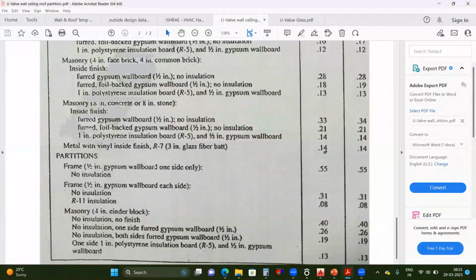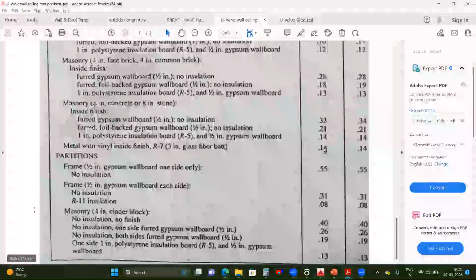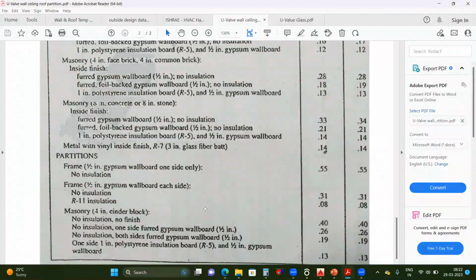Here we can see the partition values. The partition is masonry, so we have 4-inch cinder block. The thickness of the block is 4 inch, no insulation, no finish. Only this value is available here, so we can take the value, that is 0.40.